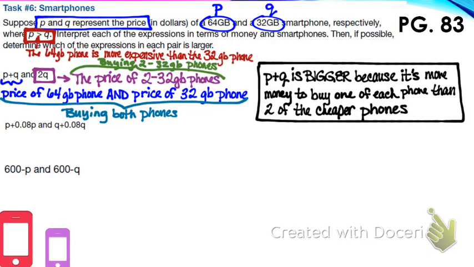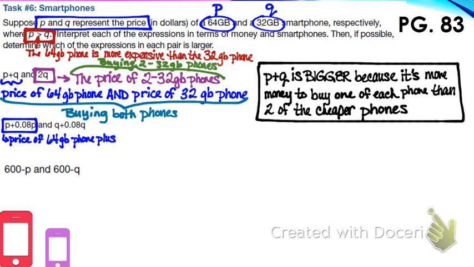So here I've got 2 expressions again. I have P plus 0.08 P. So what does just the P by itself mean? The 64 gigabyte phone. So this is the price of the 64 gigabyte phone plus what?